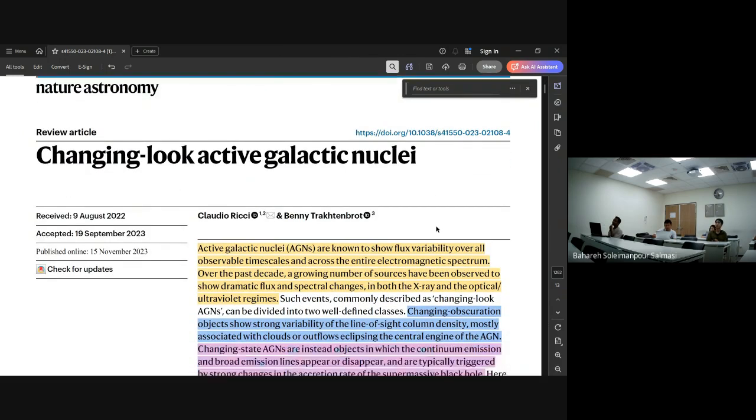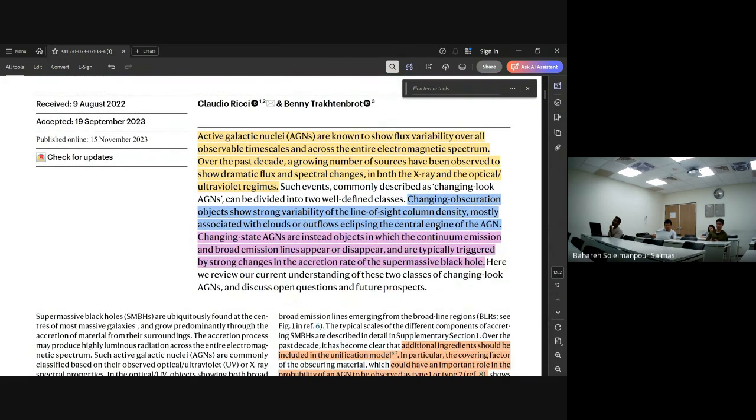With these new observations, we see that these changing look AGN come in two types. There are changing obscuration AGN, where the obscuration levels of the observed AGN change via column density variations in the AGN.